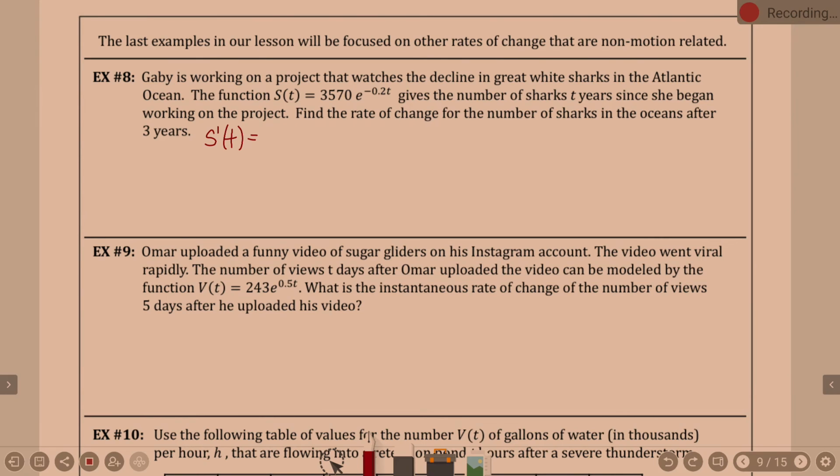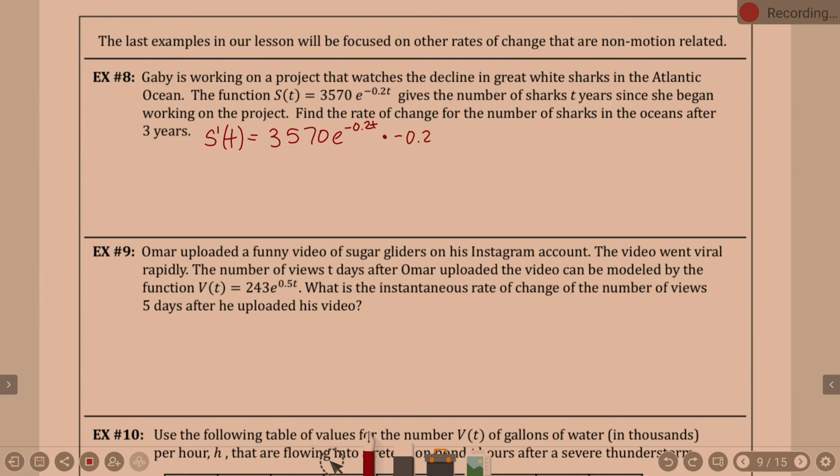Let's practice our derivative rules here. Derivative of e to some power: 3570 e to the negative 2/10 t power, times the derivative of said power. The derivative of negative 2/10 t is negative 2/10.